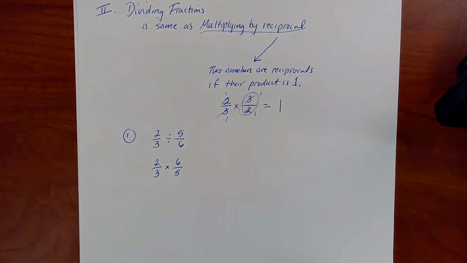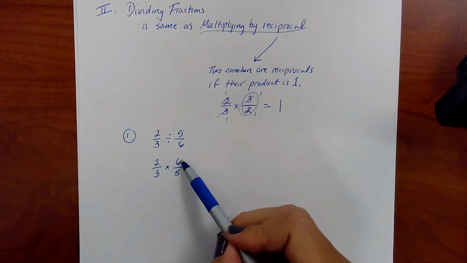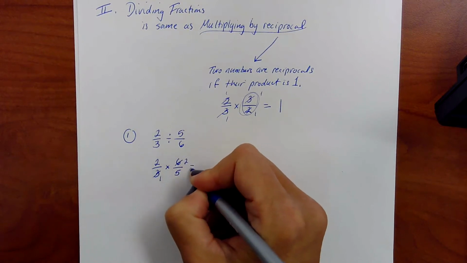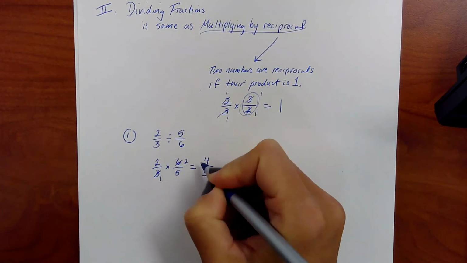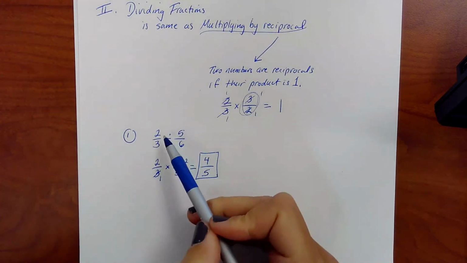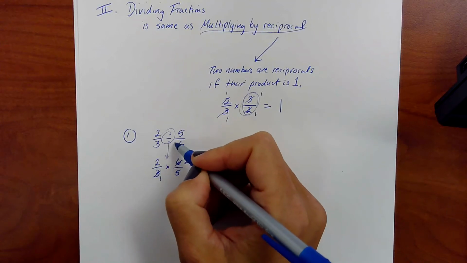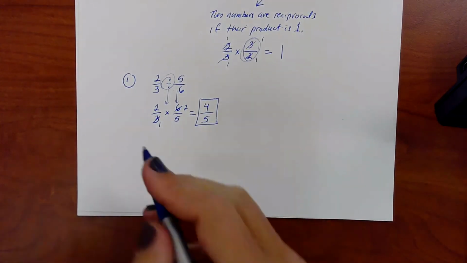So you're going to look, can you reduce anything? 2 and 5, no. Ooh, 3 and 6, yes. Divide these both by 3. And then multiply across. 2 times 2 is 4. 1 times 5 is 5. And you're done. All right, so anytime you see division, we're going to keep, change, flip it to the reciprocal. Okay, you try one.